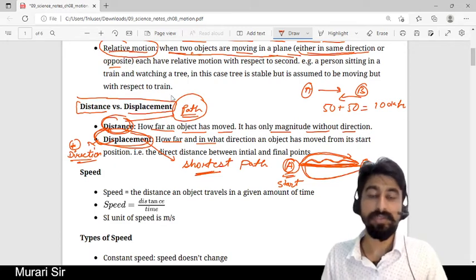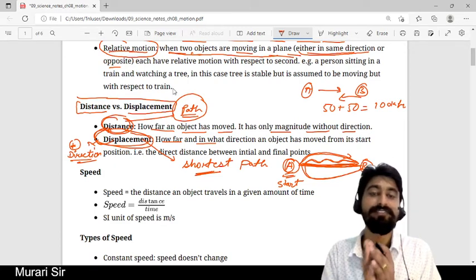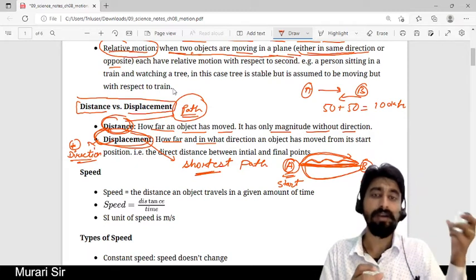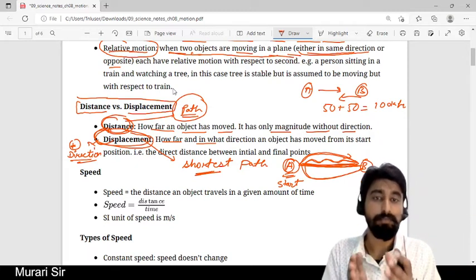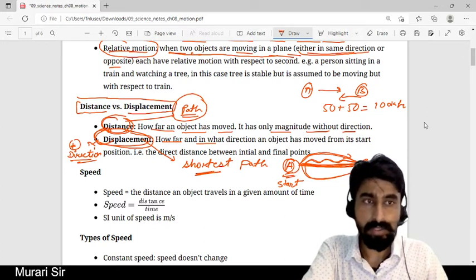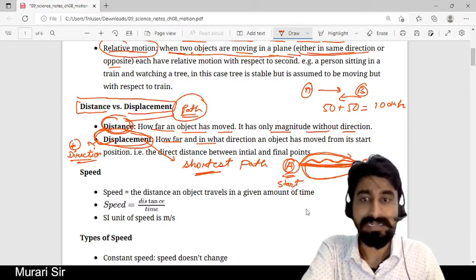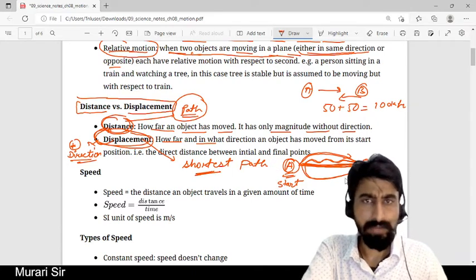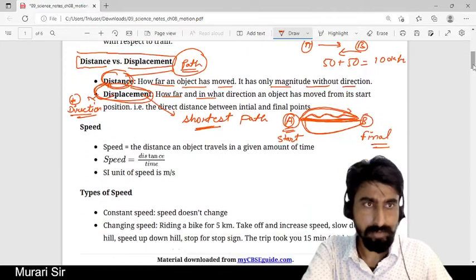All right. So these are some terms that we have to understand before going into the questions part of motion. Let me give you a brief idea about what topics we will be understanding throughout this chapter. Don't worry, I will just give you some subheadings.